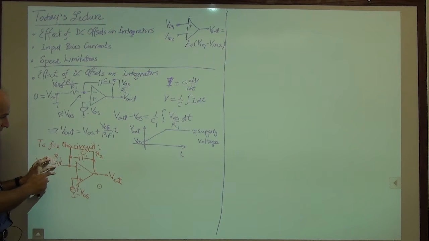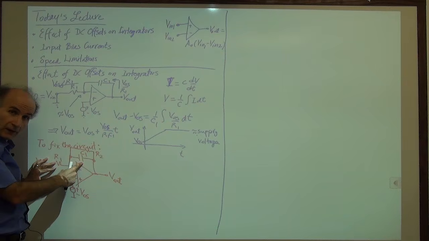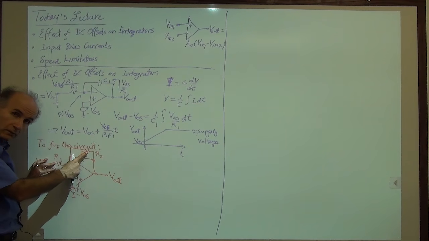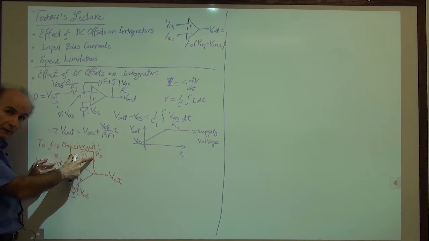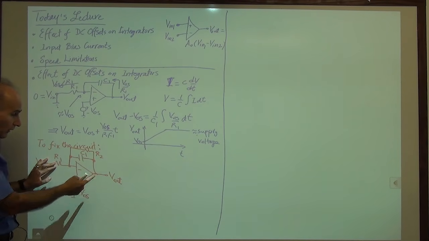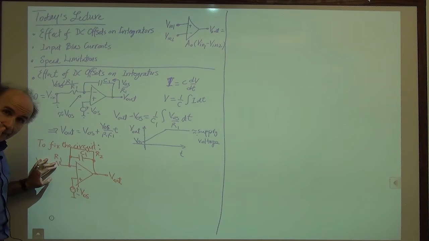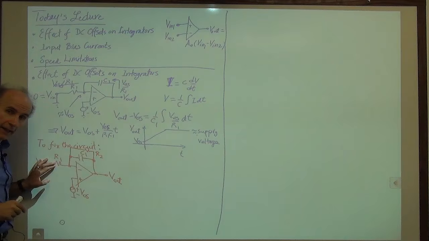But here the current through R1 doesn't have to flow through C1, at least at time infinity. It can flow through R2. So if it flows through R2, it generates a voltage, but that voltage does not grow with time. It's just a constant amount.